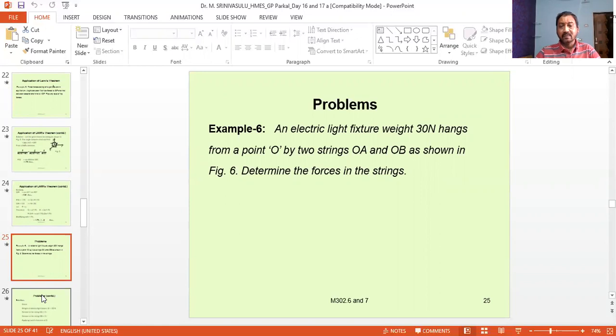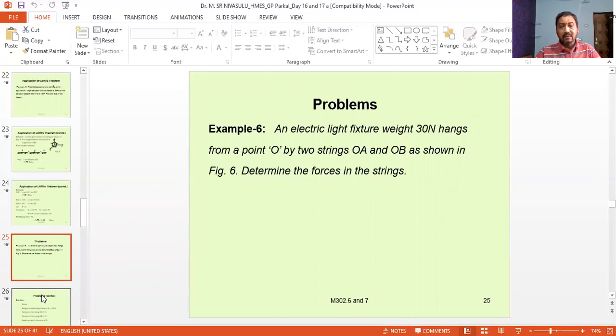Here an electric light fixture of weight 30 newtons is hanging by two strings from point O. That is, O is the meeting point, and we have the string OA and the string OB.